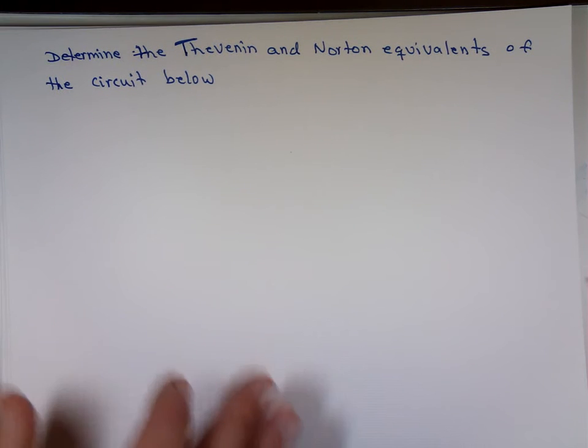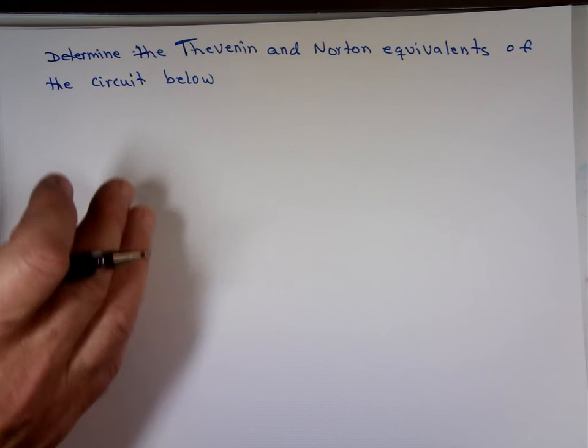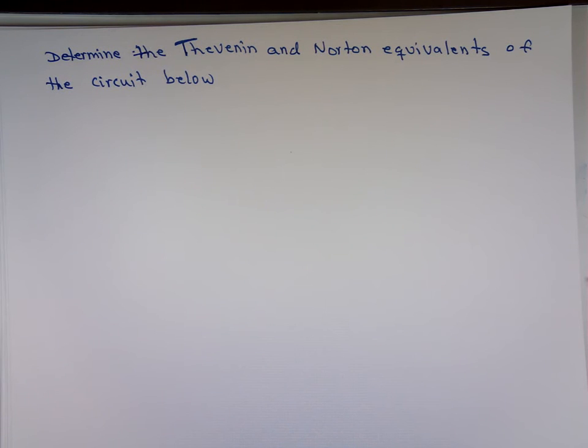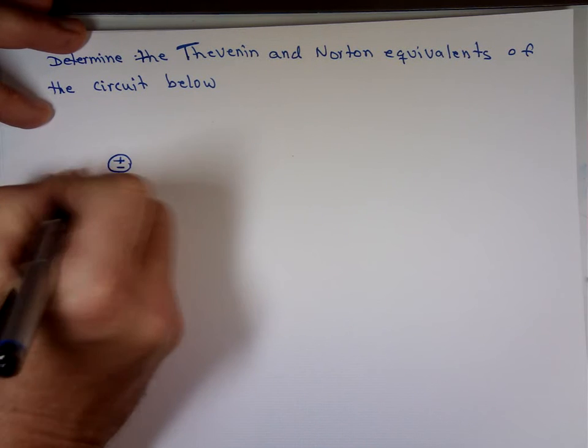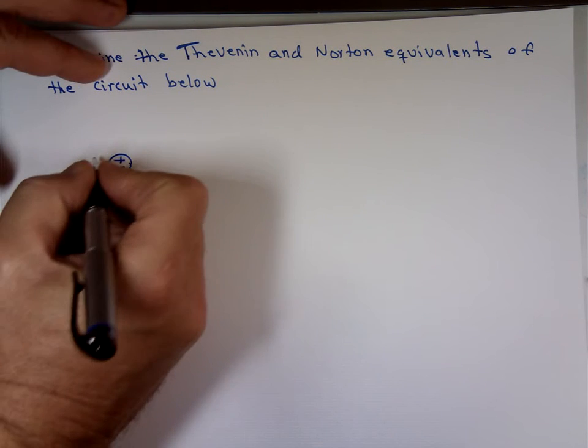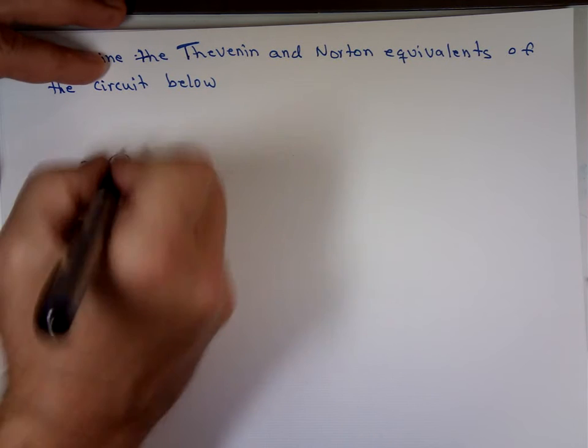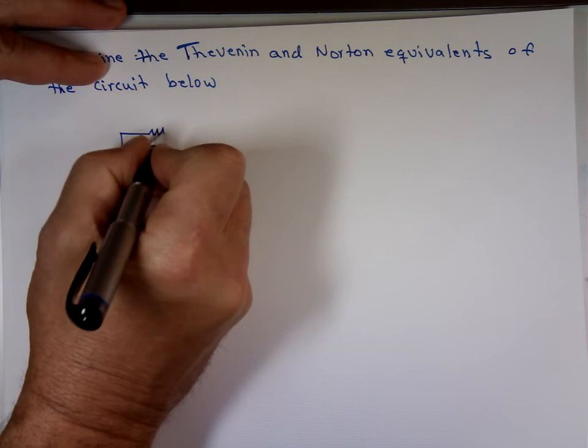And my circuit is, we have a dependent source of 3 volts, voltage source here. I'm sorry, not independent. We have a 2K ohm resistor.